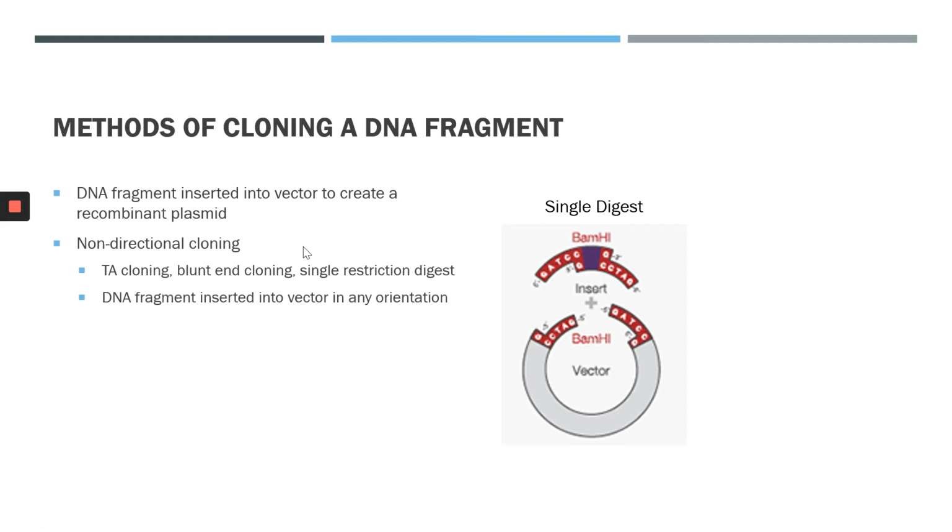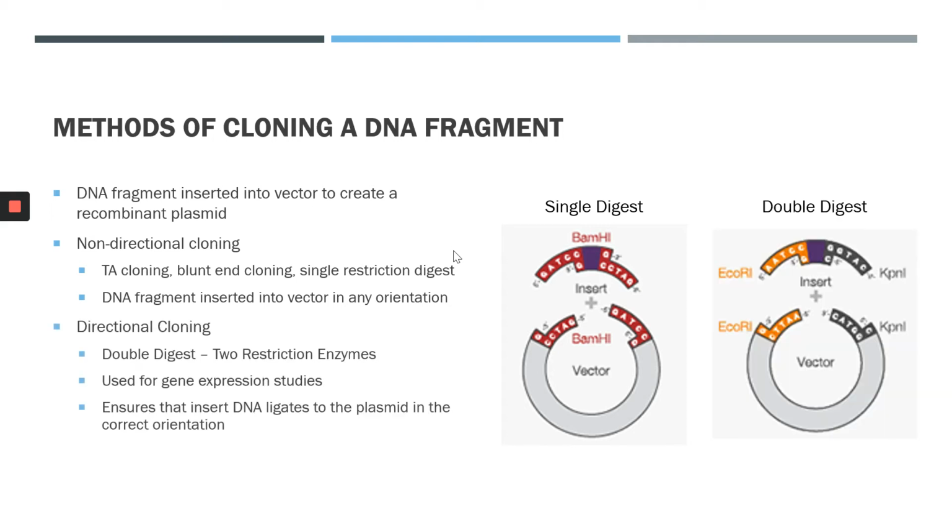There are various methods of non-directional cloning. These include TA cloning, blunt end cloning, and single restriction digests. Non-directional cloning is used for gene studies where the orientation of the insert DNA fragment does not affect the outcome of the experiment.